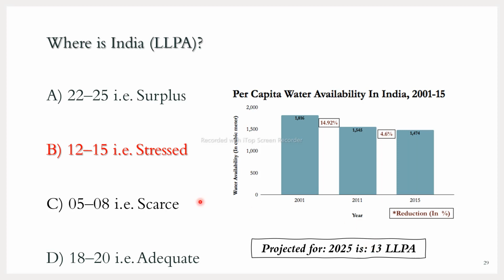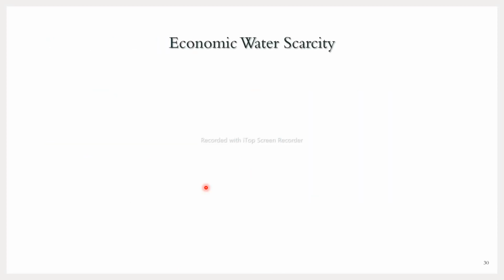If it becomes less than 10, India will become water scarce. Though it is not an individual responsibility, collective responsibility comes from individual efforts only. Okay, so let's continue.